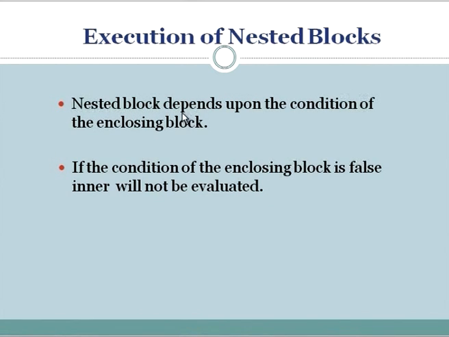A nested block depends upon the condition of the enclosing block. If the condition of the enclosing block is false, the inner condition will not be evaluated. Here is the flowchart for the nested decision control statement.